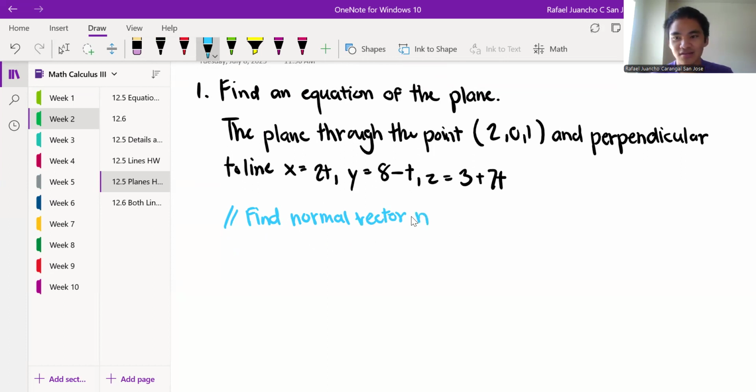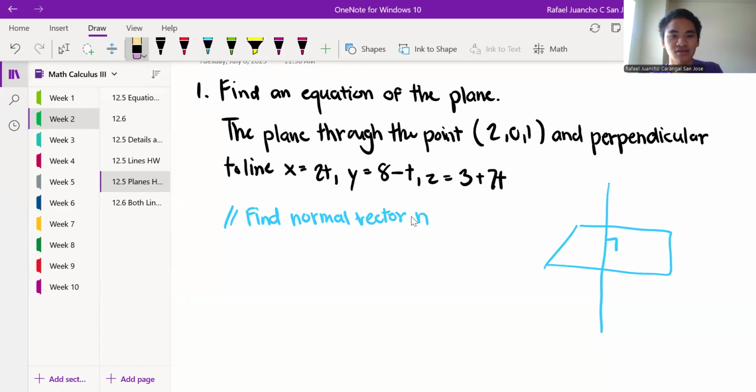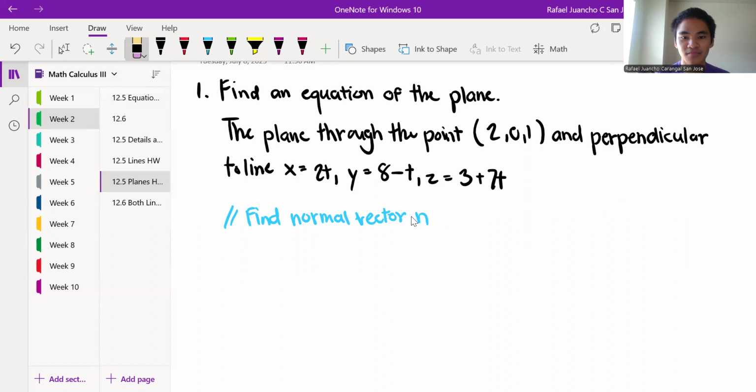How do we find that? Well, we're given other information here that the plane is perpendicular to this line. That line has parametric equations of x, y, and z. So actually, we already have our normal vector here, because that normal vector has to be perpendicular to the plane.